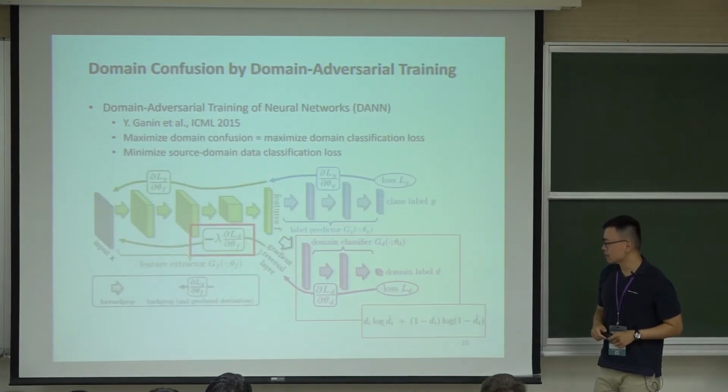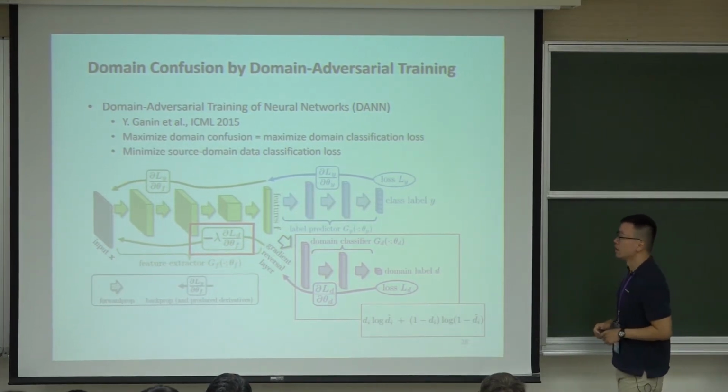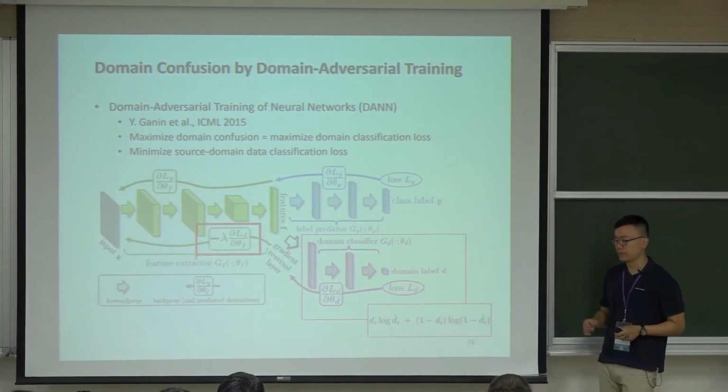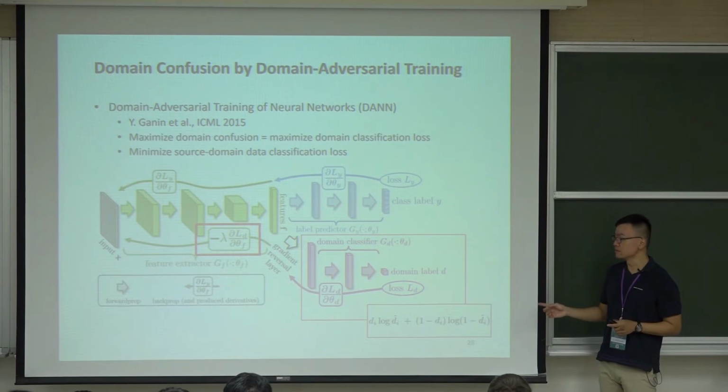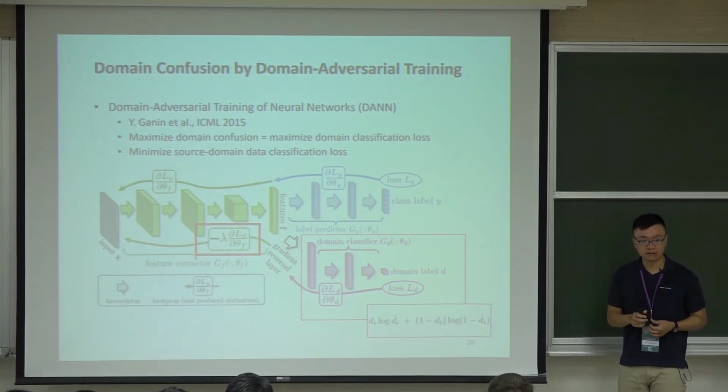Okay, so another thing which is really interesting is this domain adaptation model, also based on deep learning. And this is the model which we will work on as your exercise in the last part today.